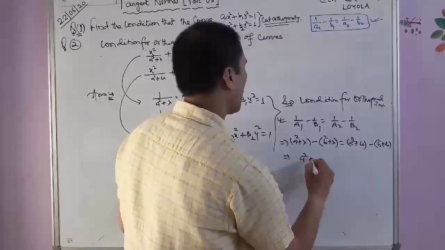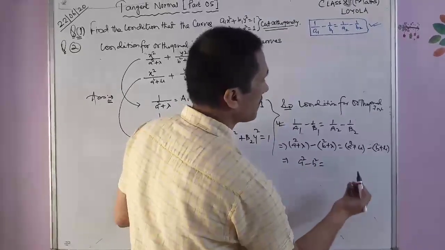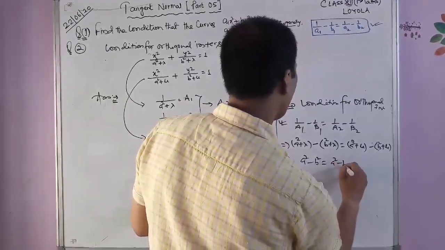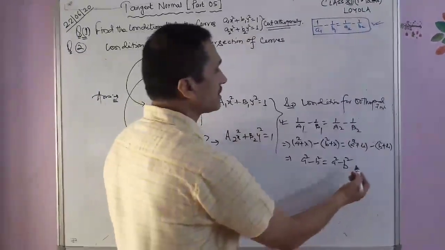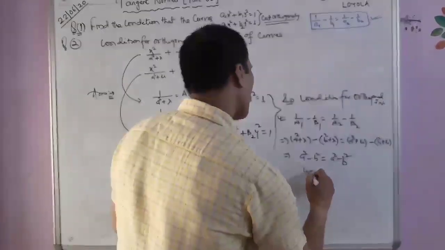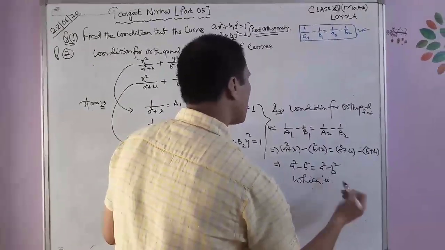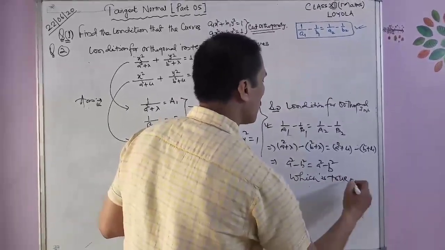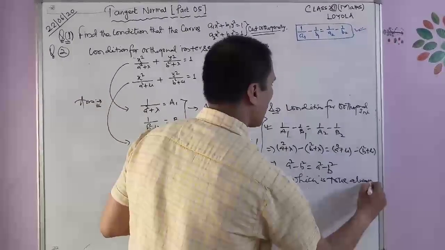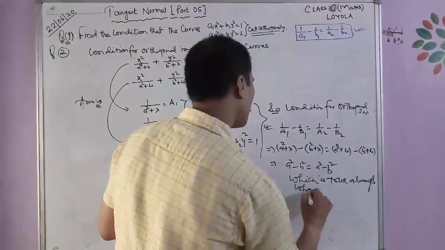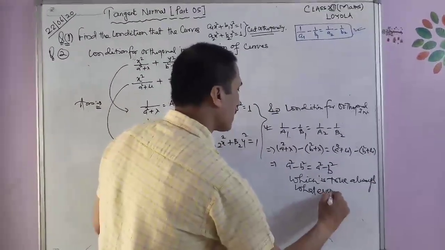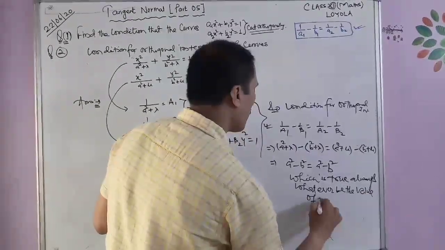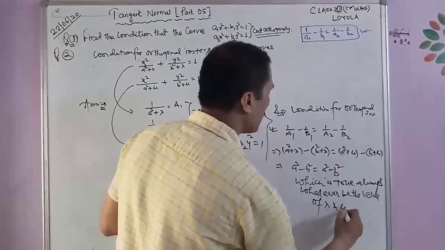This will give a square minus b square equal to a square minus b square. This is an identity which is always true whatever be the value of lambda and mu.